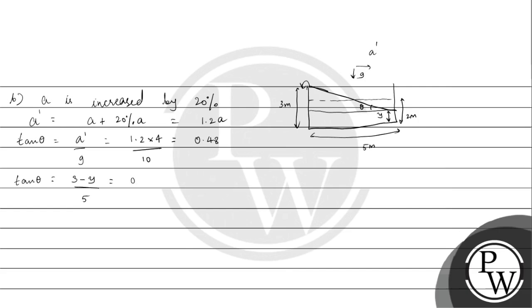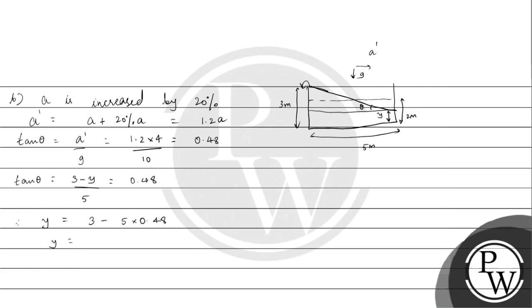So this is equal to 0.48. Therefore y is equal to 5 into 0.48 plus 3. So y is 3 minus 5 into 0.48.